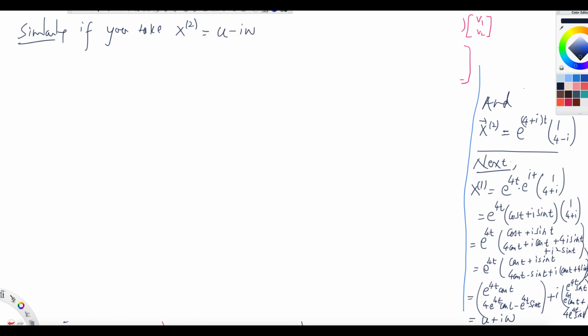You will get exactly the same vector for u, exactly the same vector for w, but you will see a negative sign in the middle.